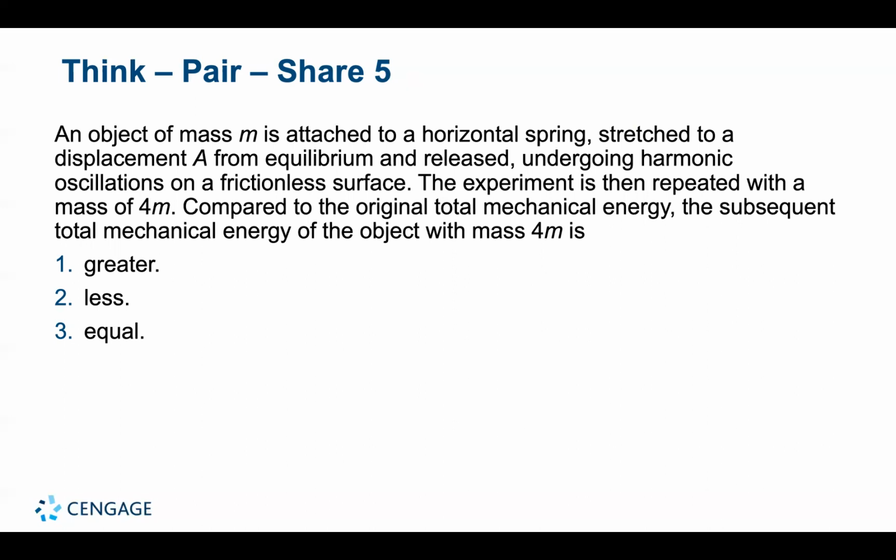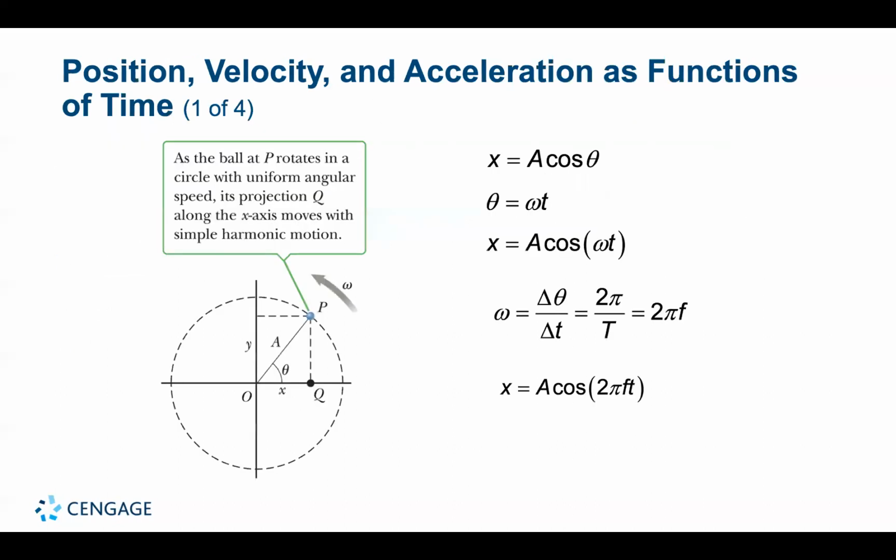The answer is equal. The total energy of the oscillating system is equal to 1/2 kA squared, where A is the amplitude of the oscillation. Since the object starts from rest at displacement A in both cases, it has the same amplitude of oscillation in both cases.